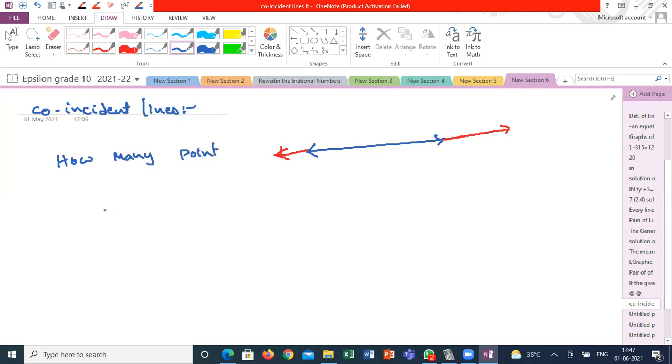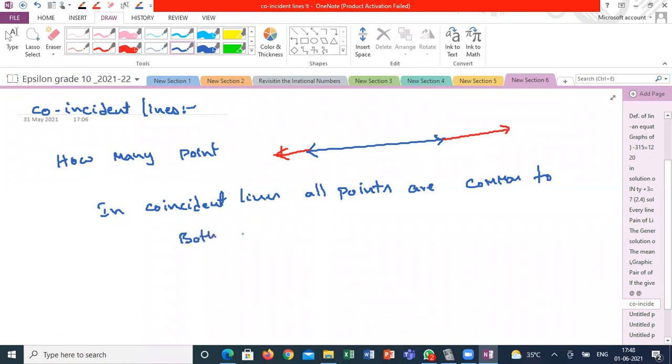So here, in coincident lines, all points are common to both the equations or both the lines. So here I can't consider one point as the solution.